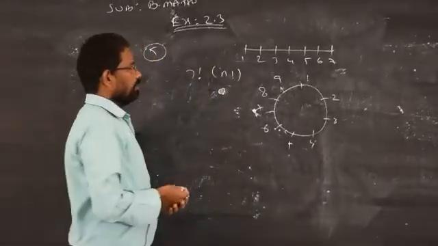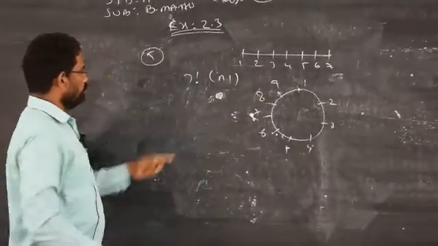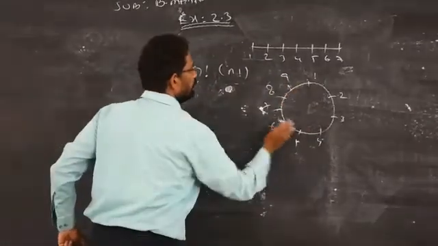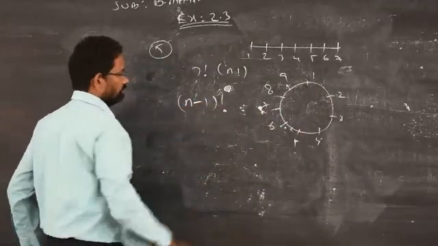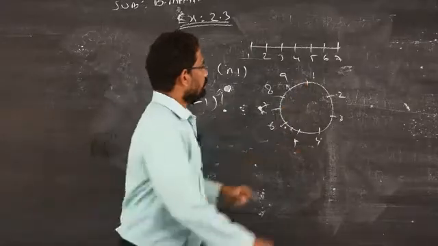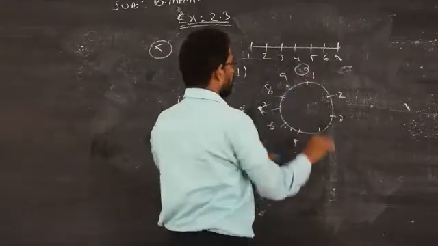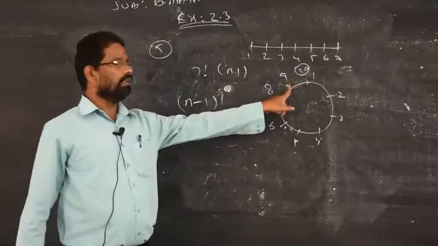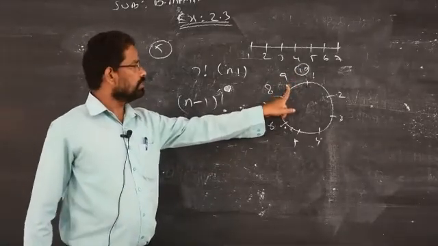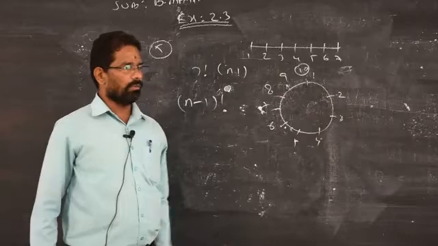That is not allowed because we have only 9 numbers, so when the arrangement is made in a circle format you have to subtract 1. 10 minus 1 gives 9. Clear? Once you connect 9 and 1, you get the circle format.